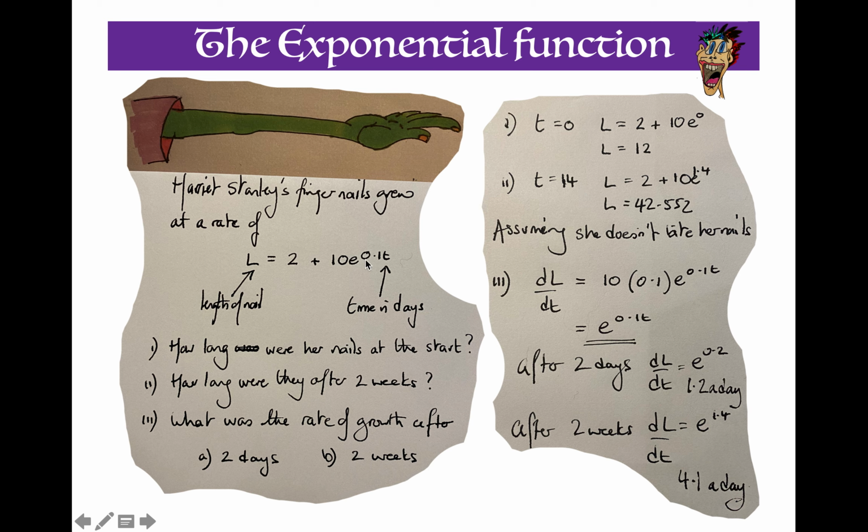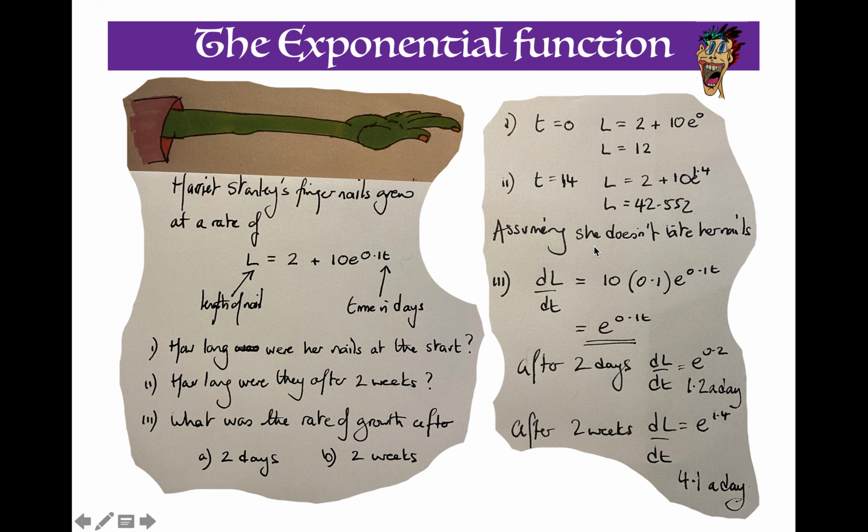Well, 14 goes in there. 0.1 times 14 is 1.4. So we get the answer of 42.552 millimeters. Now, remember, this is assuming she doesn't bite her nails. If she didn't bite or clip them, then they would be more than 4 centimeters long.